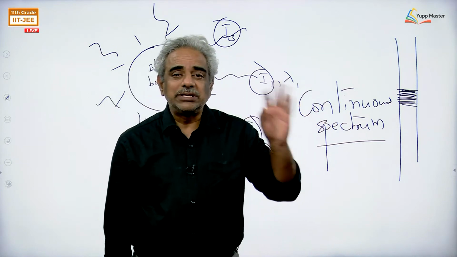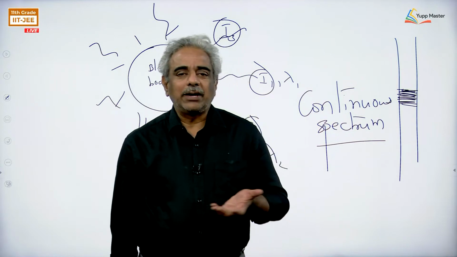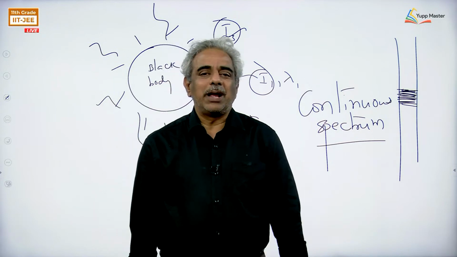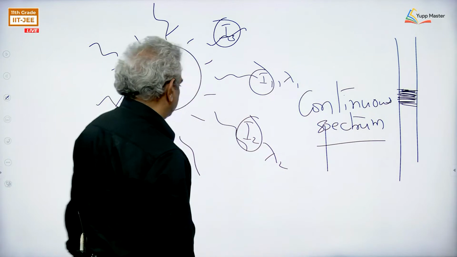That curve has challenged many. The curve is a fact. It's a true fact. It's a truth, because it is obtained from the blackbody radiation. So how does that curve look? Let us go through.